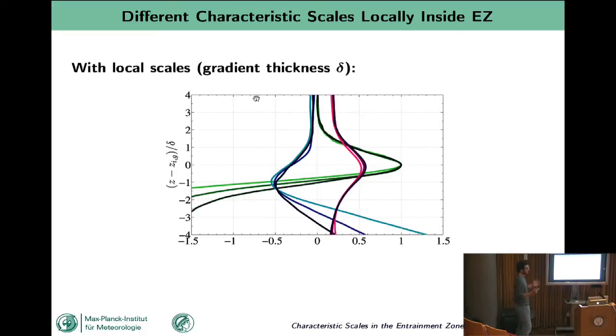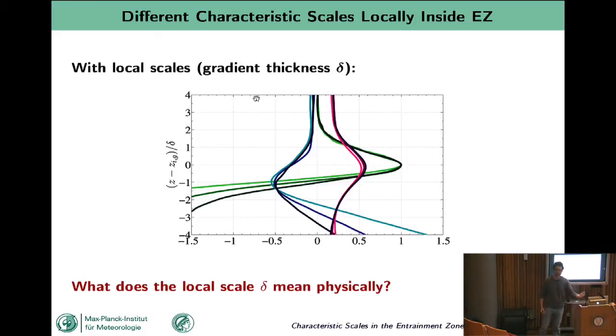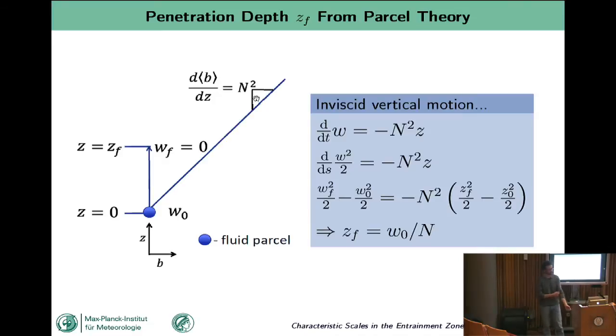And the question then is, this was just introduced from looking at the statistical profiles. What is the physical meaning of delta, if there is any physical meaning to this local scale? And there is. It is associated with this idea of the penetration depth, which is very easy. It's simply from parcel theory, and here is a sketch. You just consider a parcel of fluid.